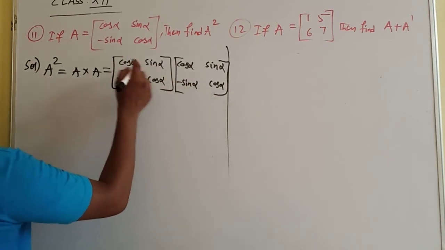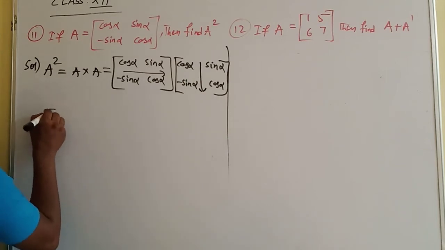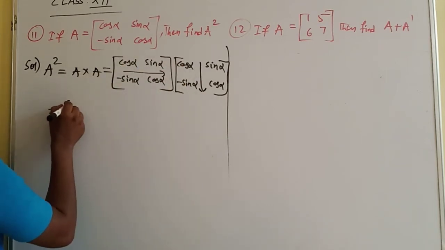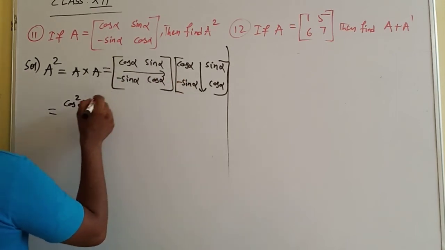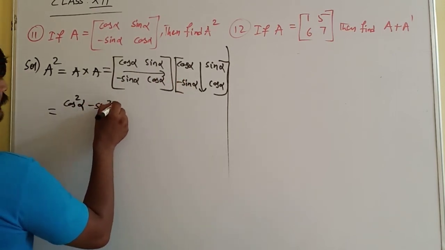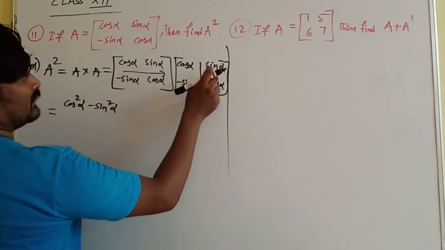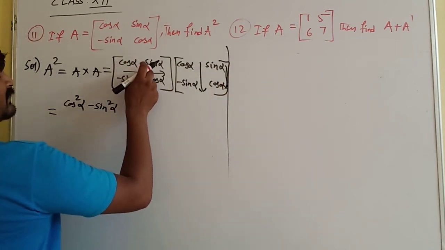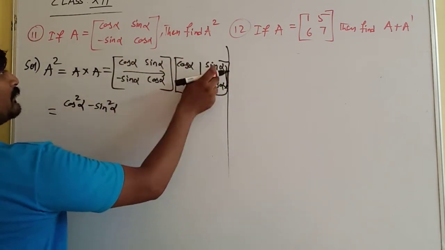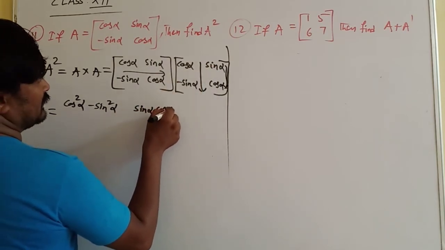Because you observe here this a into a, because a square. So, first row, first column, you get the first element. Now cos alpha into cos alpha, cos square alpha. Sin alpha into minus sin alpha, minus sin square alpha. Right. So next one, first row into second column: cos alpha into sin alpha, so sin alpha cos alpha.